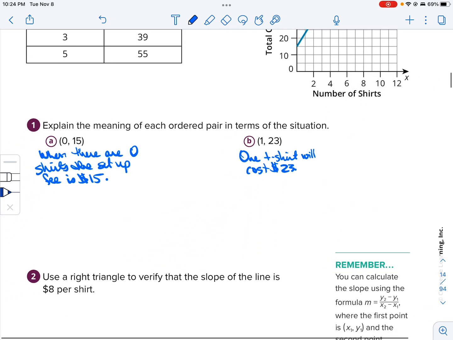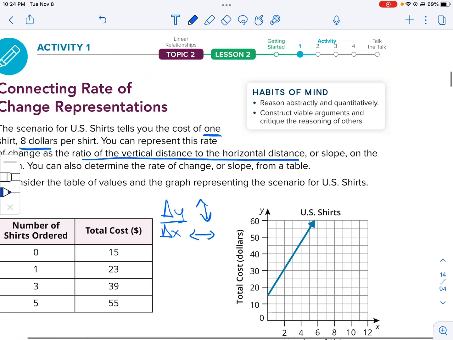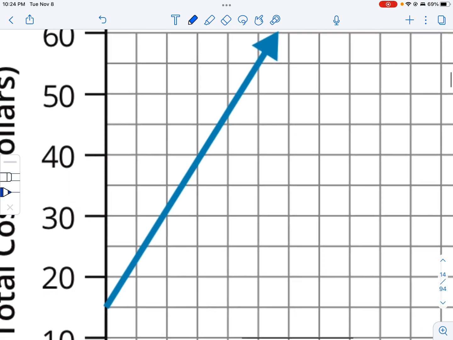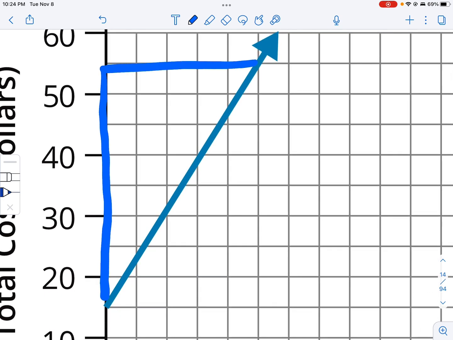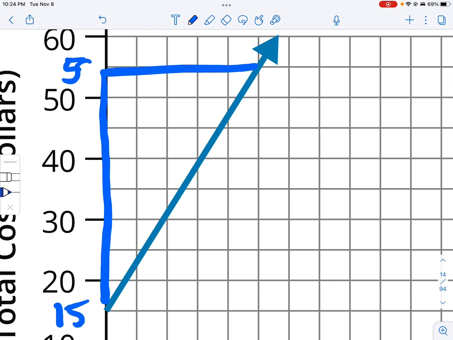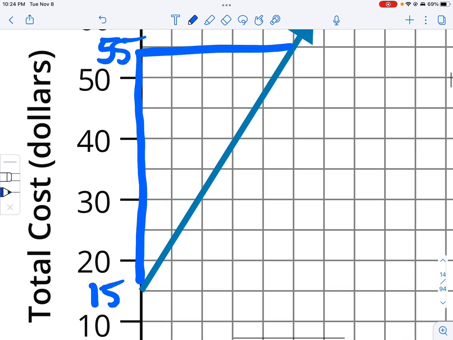Use the right triangle to verify the slope on the line. So if I do a right triangle, I go from here to here. So this is 15, and it's going up to 55. 55 minus 15 will get me 40, so that's 40 tall.